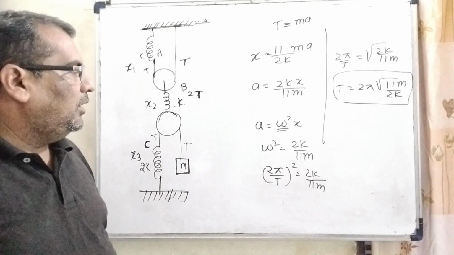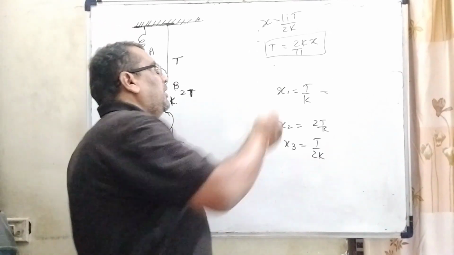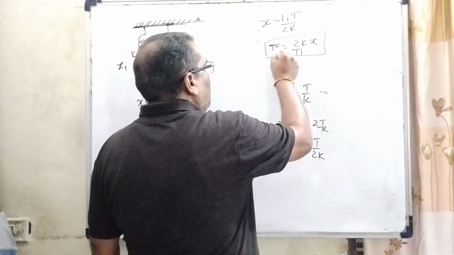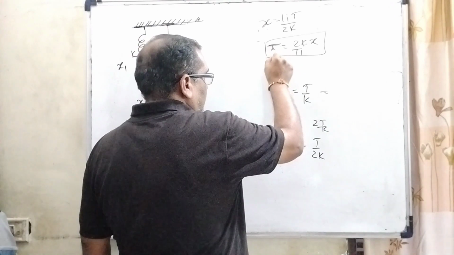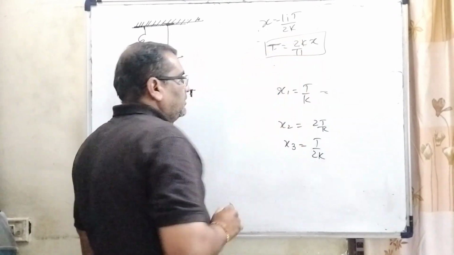Now we can check all the answers. We have already found x equal to 11T by 2k, which in the form of tension force gives T equal to 2kx by 11.